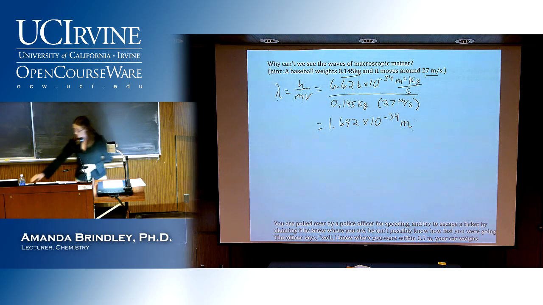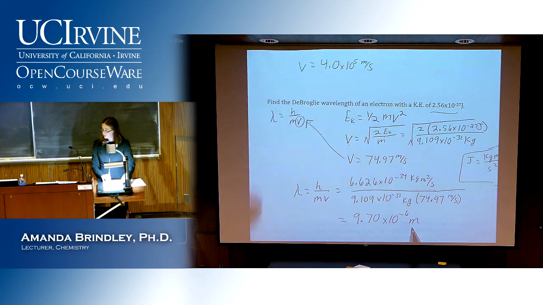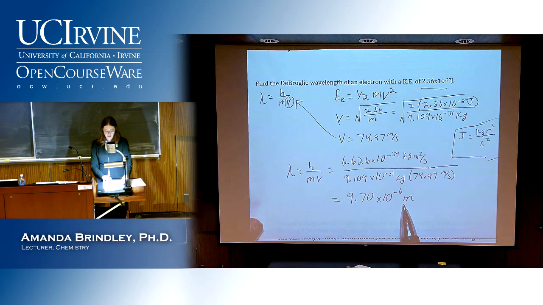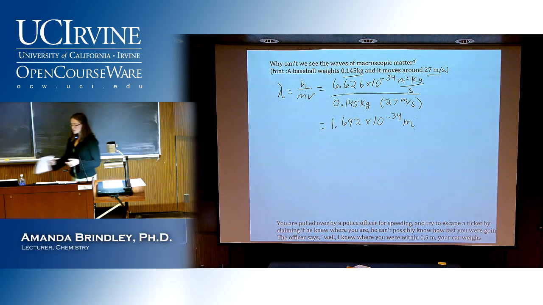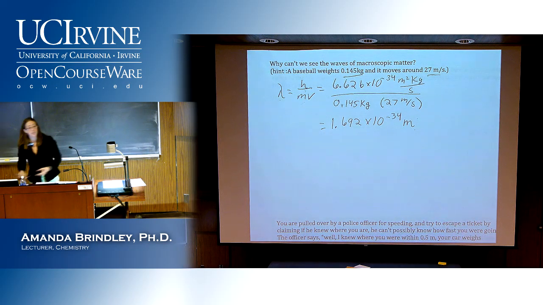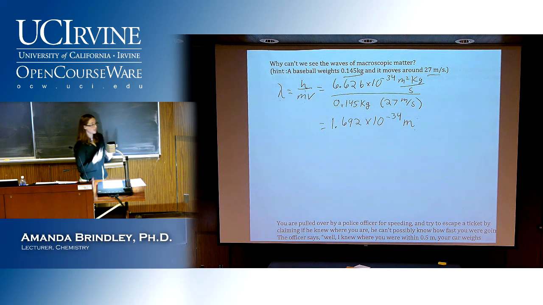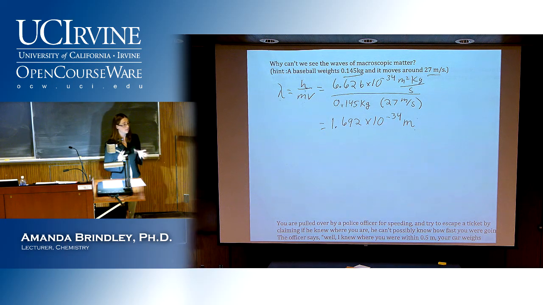When you had an electron, we had a wavelength of this for something that was very, very tiny. Now we have a wavelength of this for something that's relatively large. And so the wavelengths just start to not matter. So that's what I meant when I said the largest thing that we've been able to measure wave-particle duality in.